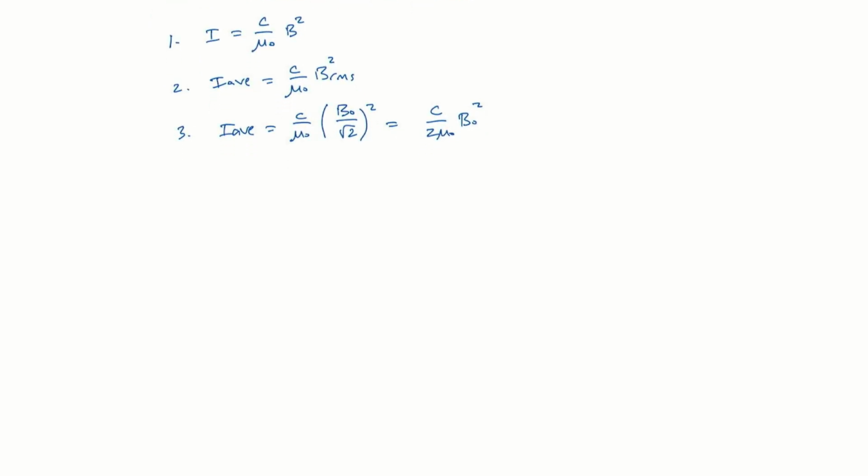Okay, so now we can also use that E naught is equal to C times B naught.